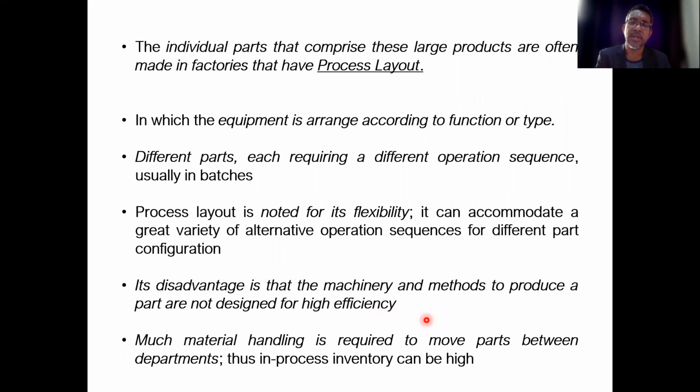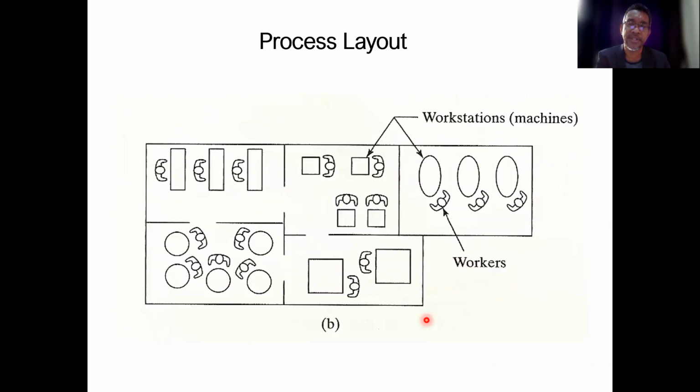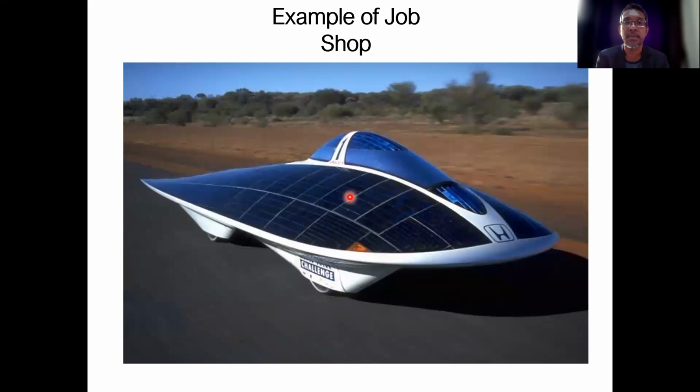Even though they are not designed for high efficiency, the skilled workers concentrate to produce high quality parts as well. They can use this process layout to produce high quality products. But they focus on the volume as well by batch.